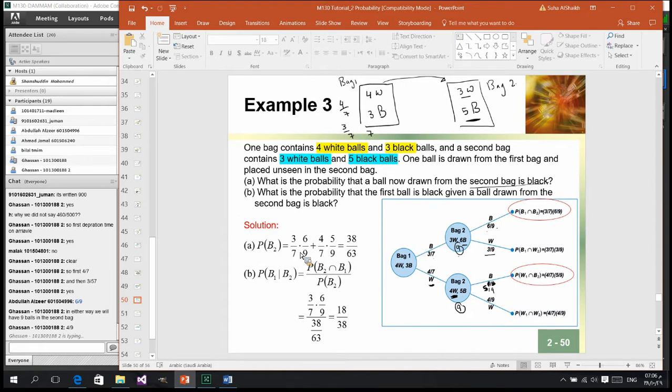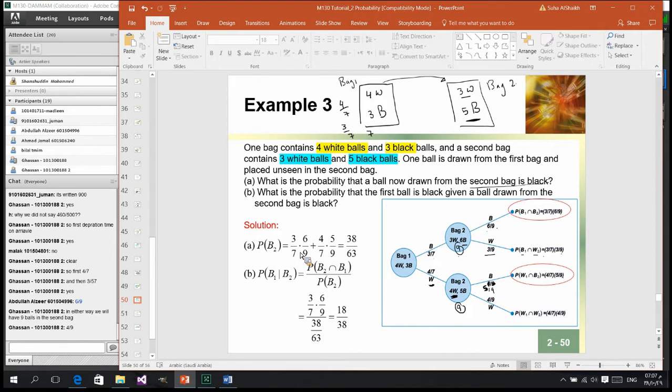Okay. Now in the multiplication rule, the probability of black then black is 3/7 times 6/9. Black white, meaning black from the first and white from the second, B1 and W2, is 3/7 times 3/9. The probability of W from the first, W1, and black from the second, black 2, is 4/7 times 5/9.